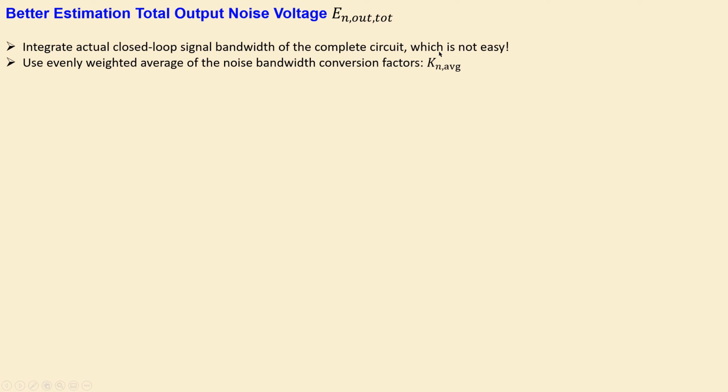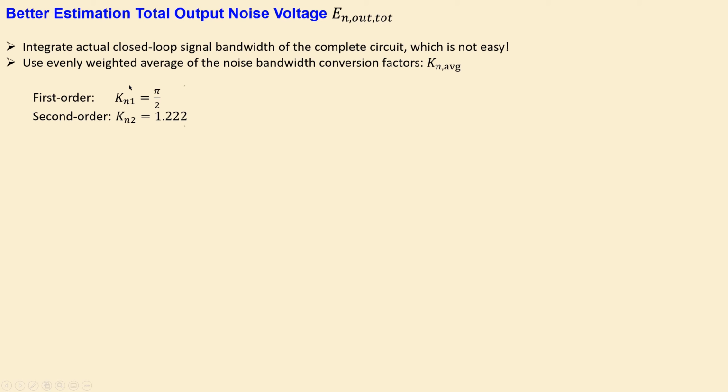So I will call this K sub n average. Now we know the first stage was just first order. I can just assume it is then pi over 2. But I also have a second order part of the system. For that, the K sub n, which is the noise bandwidth conversion factor, is 1.222.